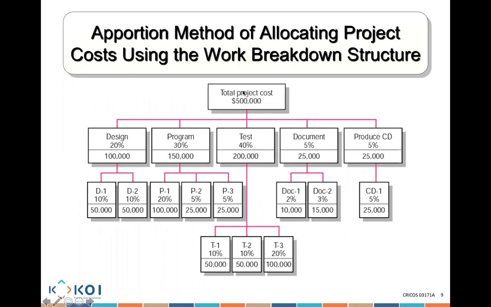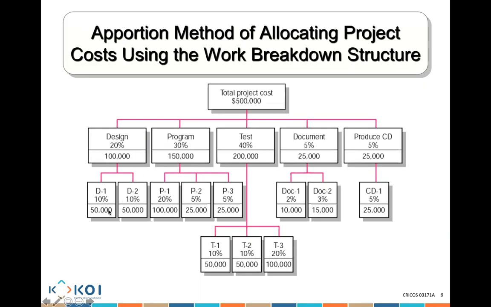The total project will cost me $500,000. I split that into design, program, testing, document, and produce CD. We know the percentage of each of those tasks. 20% of 500,000, that's 100,000. 30% of 500,000, that's 150,000.